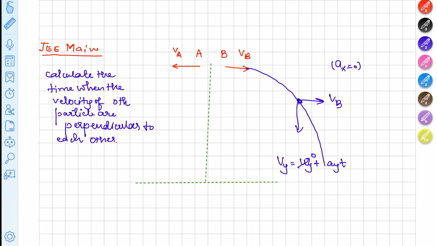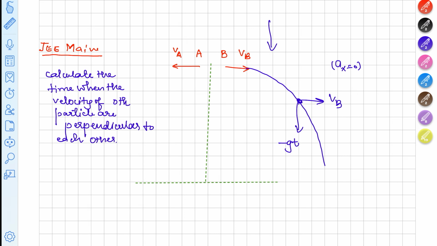There is no initial velocity in the y direction, so Vy is equal to Ay into t. Ay is equal to minus g because the acceleration is towards the negative direction, so Vy is equal to minus gt. So the velocity of the particle in the y direction after time t is minus gt.